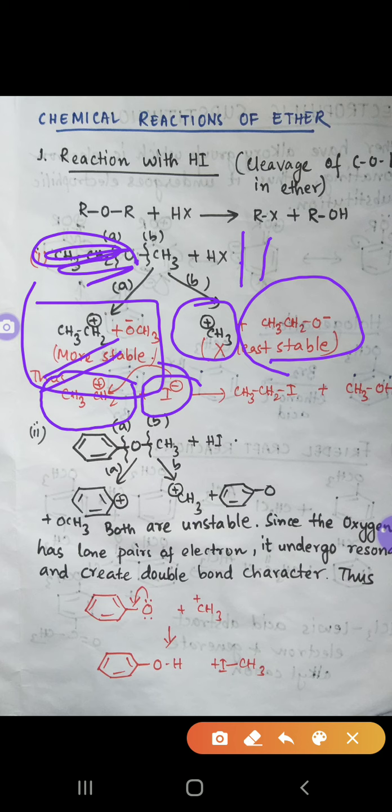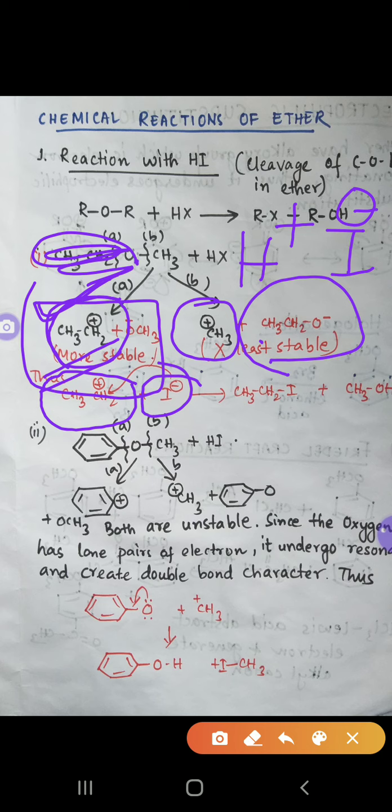As I told you, HI breaks into H plus and I minus. This I minus will go to the electron deficient species. Since this carbocation is more stable, the generation of ethyl carbocation is preferred over methyl carbocation.